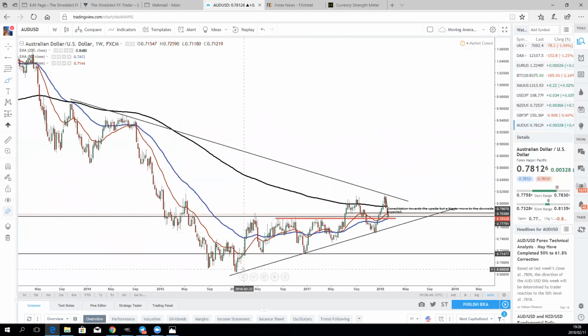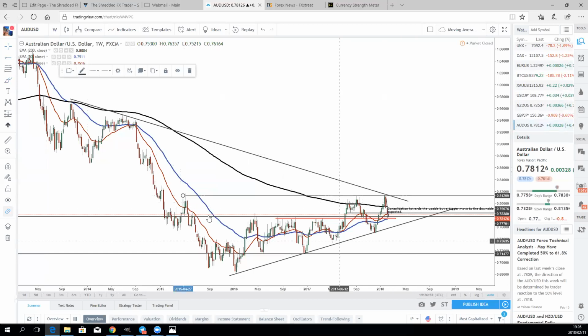You can see we've had 1, 2, 3 touches. We're sort of forming on a weekly time frame. What we can see here, market structure is doing. We're now in a descending wedge. So ascending wedge, but for a move to the downside.